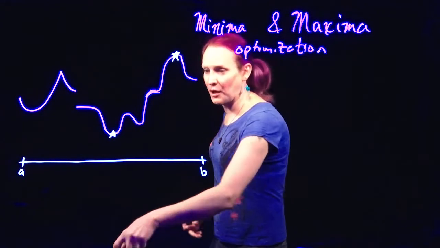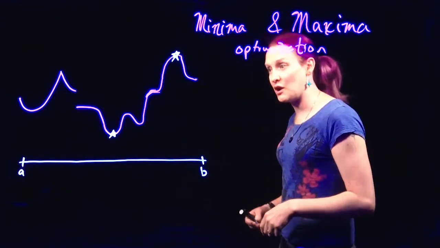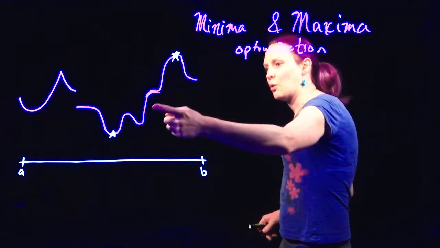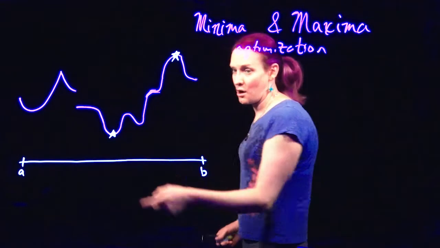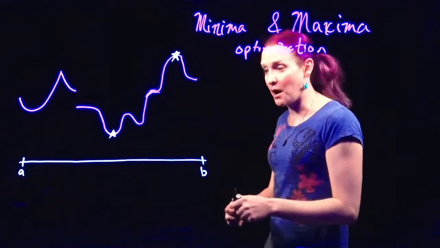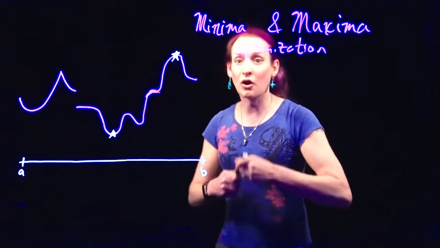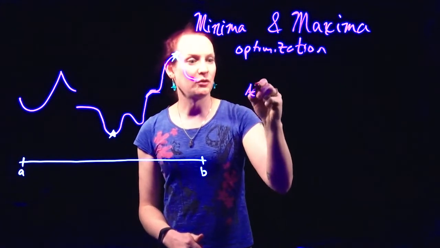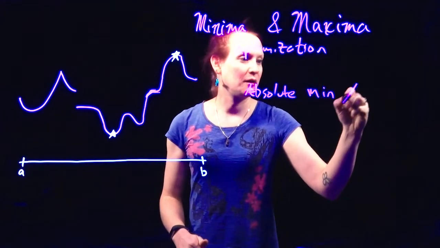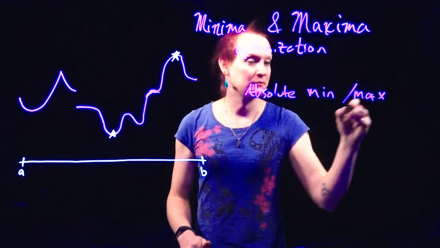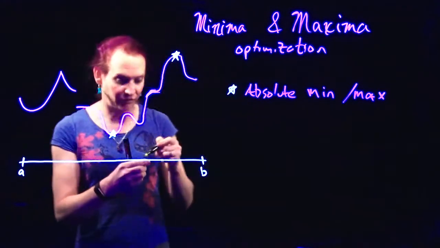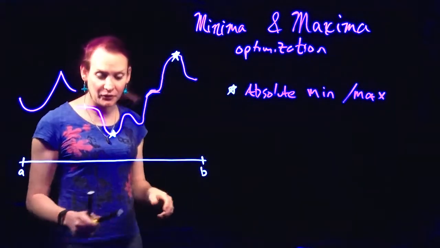And we like to apply additional modifiers and not just say minimum or maximum, because we could be talking about there or there also. So I'm going to call those the absolute minimum and maximum, and I'm going to mark them with a star. So the star points are the absolute min and max.